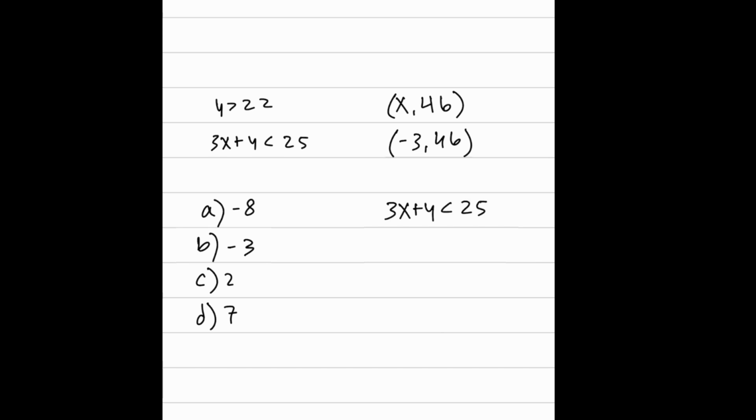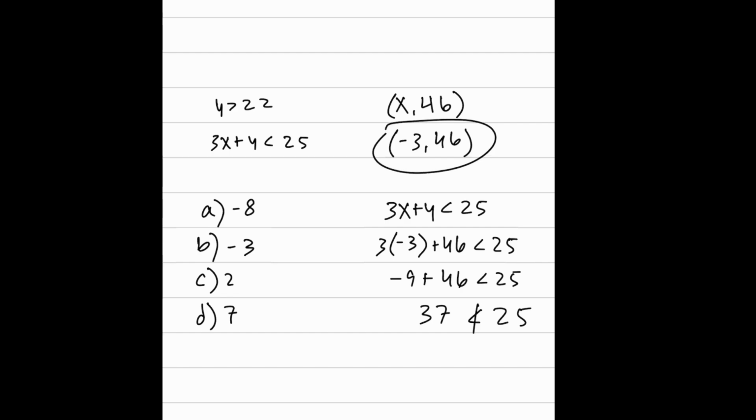So I plug in -3 for x and 46 for y. And we can see that -9 plus 46 is not less than 25, right? If you do -9 plus 46, that's going to end up being 37, right? 37 is not less than 25. So then this point here does not satisfy the system of inequalities.